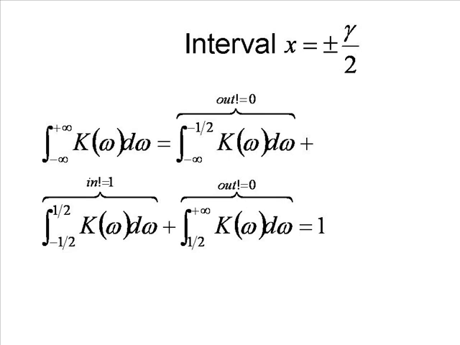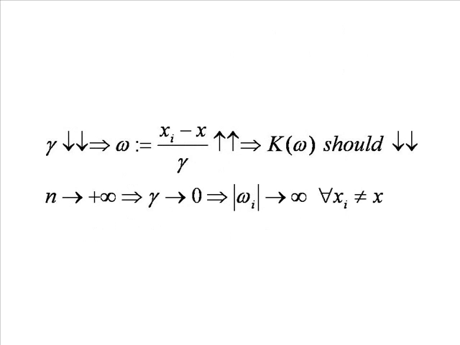Therefore, if you calculate the integral, it is equal to 1. And this is basically one of the properties of the kernel density estimation. And of course, you can also observe that when the bandwidth reduces, this weighted distance xi minus x increases, and so the kernel density estimator should decrease.